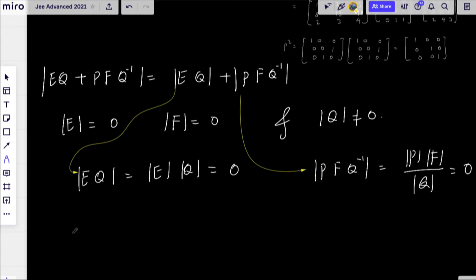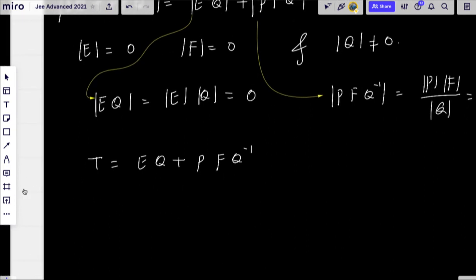So what about this one in the left side? Let's say T equals EQ plus PFQ inverse, right? These are the determinants, let's say. If we go for T and multiply Q on both sides, then post multiplication of Q gives TQ equal to EQ square plus PF, because Q of Q inverse is the identity matrix, that is I. So 3 order identity matrix we can consider over here as EQ square plus P square.